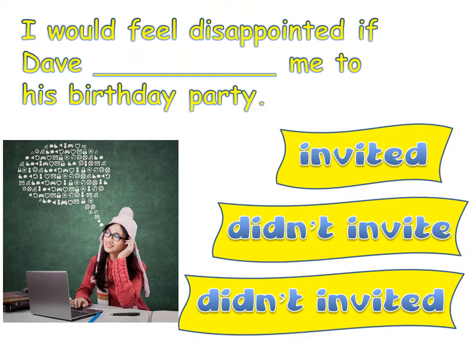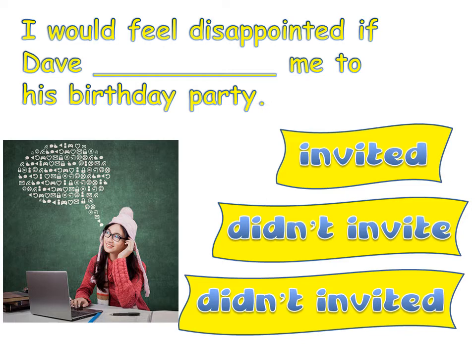I would feel disappointed if Dave invited me to his birthday party, didn't invite me to his birthday party, didn't invited me to his birthday party. So you can see now that if is in the middle. So we can also turn the sentence the other way around. I can start with subject plus would plus infinitive, or I can start with if plus simple past.